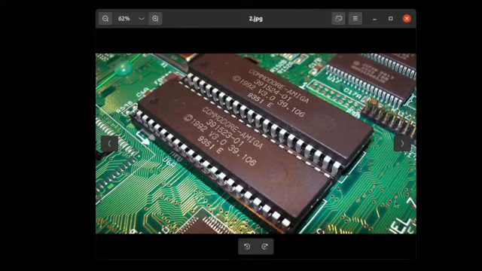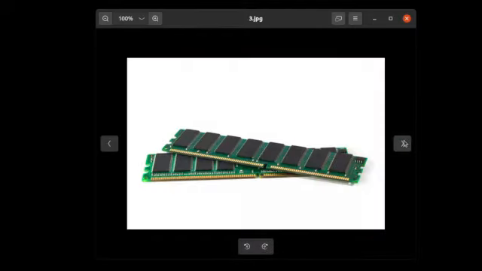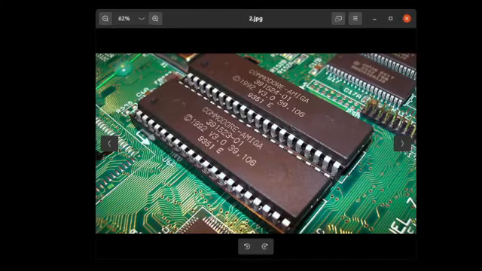But in difference with the ROM, the information is erasable in RAM. What does it mean? Whenever you turn off your computer, the information which was in RAM will be erased. RAM stands for random access memory and ROM for read-only memory.